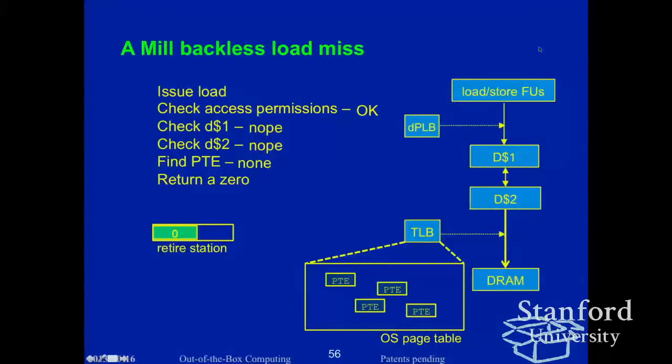That is, a miss to backless memory implicitly defines that backless memory is already 0. We didn't have to allocate it. We didn't have to initialize it. We simply load miss into it. Oh, this thing is backless. Have a 0. The retire station has a 0. Up the value goes when it times out or the pickup happens. And away we go. There is no access to DRAM.